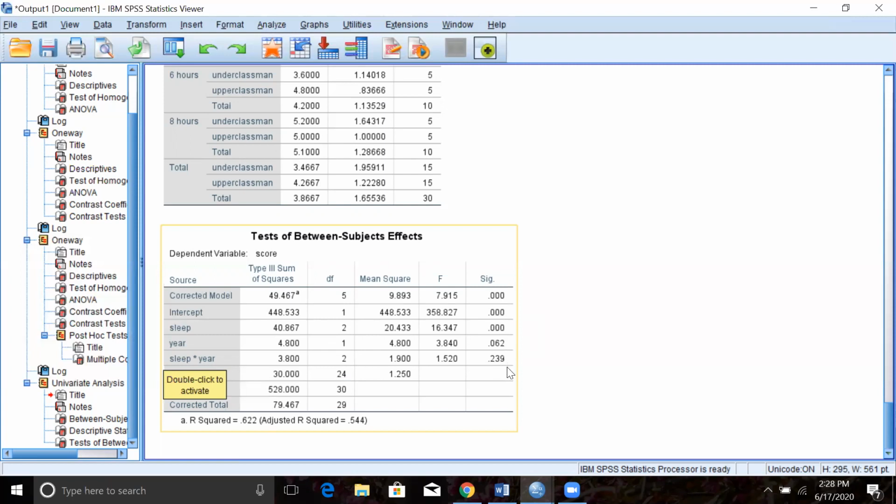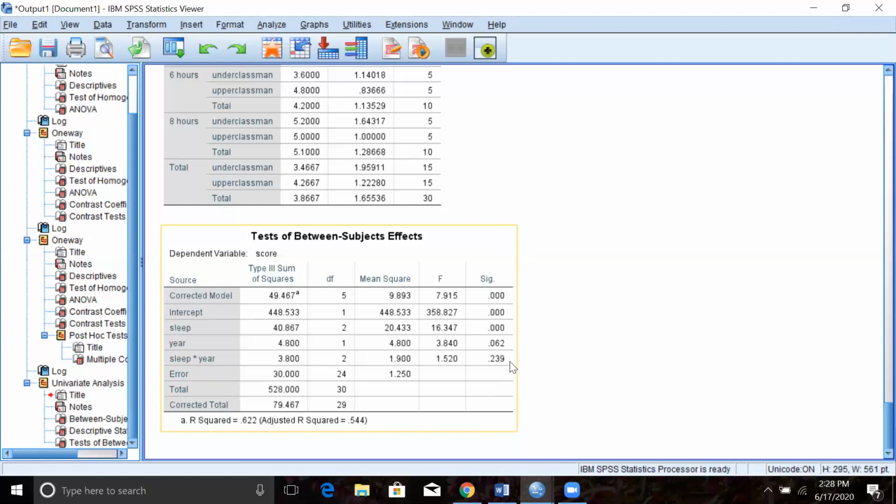But specifically, the interaction term is what tells us whether or not sleep and year interact to do something unique to quiz score. Again, the interaction would be about the two IVs combining to do something unique. So do people who are upperclassmen who only got 4 hours of sleep do the worst? That would be the two IVs combined to have a unique outcome.